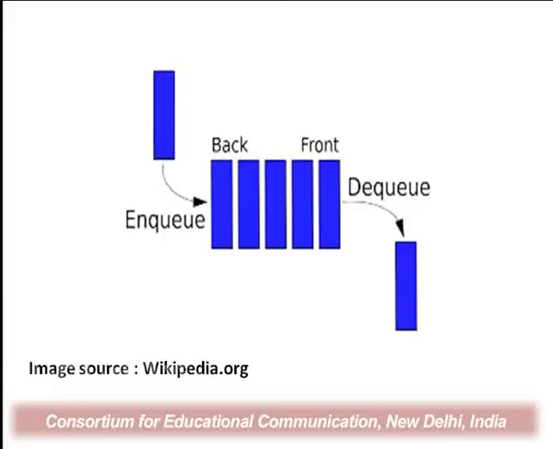Now, as you can see on the screen, there are two ends, one is the back end, another one is the front end. From the front end we can dequeue the element, we can take out the element, and from the back end we can enqueue the element, that means we can insert the element.